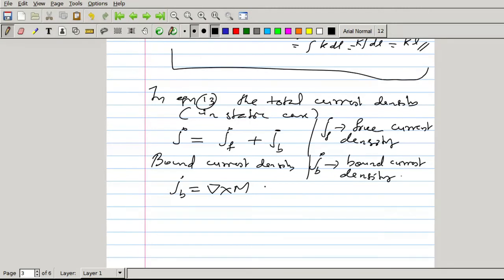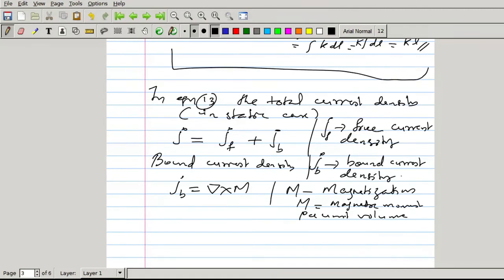JB is given by del cross M, where M is the magnetization. What is magnetization? Magnetization is defined as magnetic moment per unit volume.